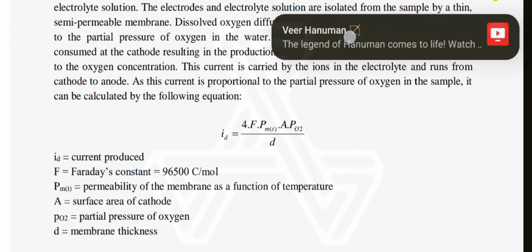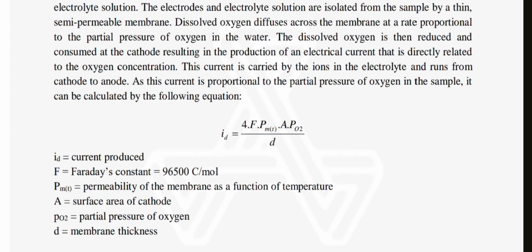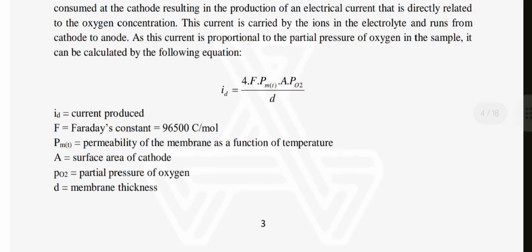PM is the permeability of the membrane, which is also a function of temperature. A is the surface area of the cathode, PO2 is the partial pressure of oxygen, divided by D, the membrane thickness.